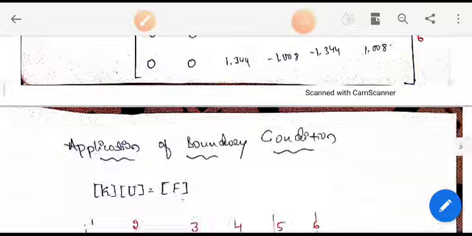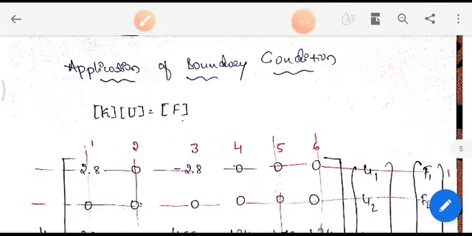Once you get this global stiffness matrix, next we need to apply the boundary condition. In the earlier classes we have seen two types of boundary condition, that is the elimination approach and the penalty approach. The penalty approach is somewhat complicated. While solving any problem using the penalty approach method, it consumes much more time, as we need to solve 3 to 4 equations.